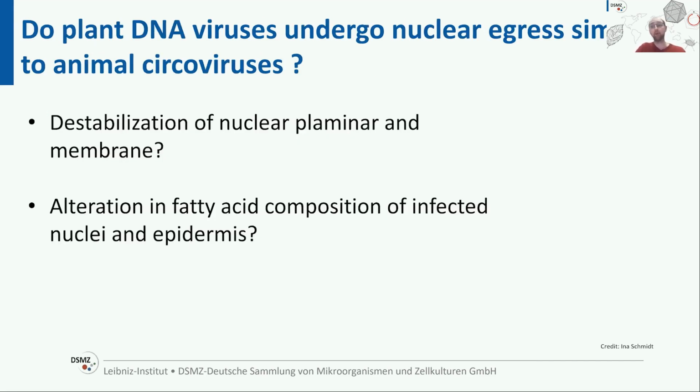But we are not only interested in looking at infections on single cell level, we also want to understand whether plant DNA viruses undergo nuclear egress similar to animal circoviruses, and therefore we want to investigate if they destabilize the nuclear lamina or the nuclear membrane, or if we can find any alterations in the fatty acid composition of infected nuclei or in the whole epidermis.